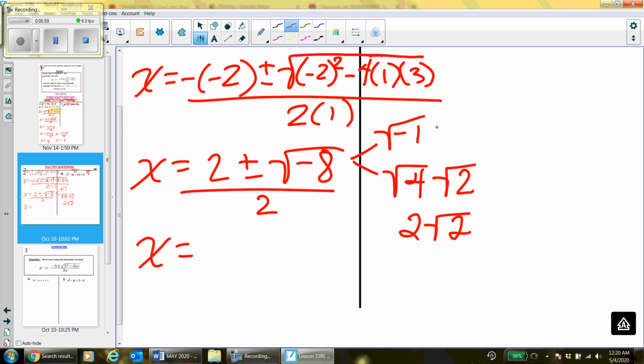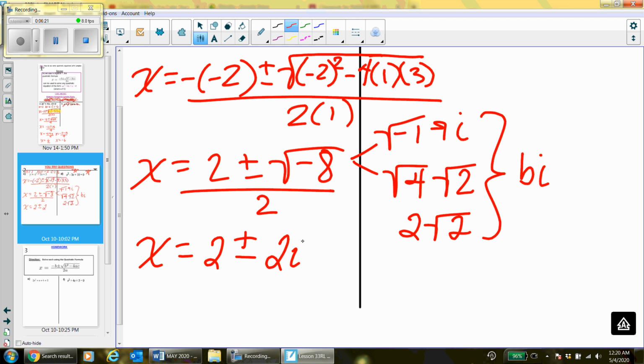And square root of negative 1 is i, right? So put these all together, and we have 2 plus or minus. Remember, this has to be in bi form. So that's going to be 2i square root 2, all over 2.